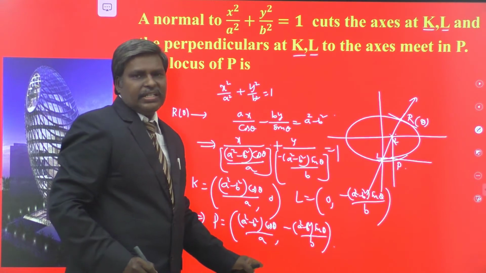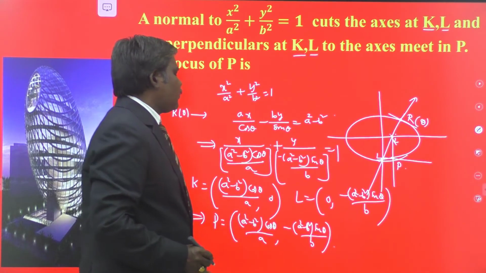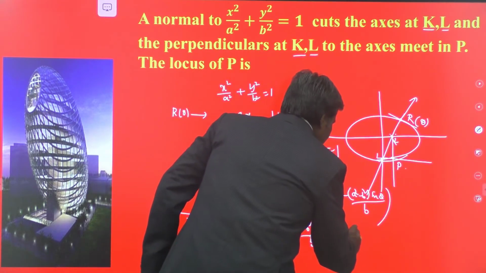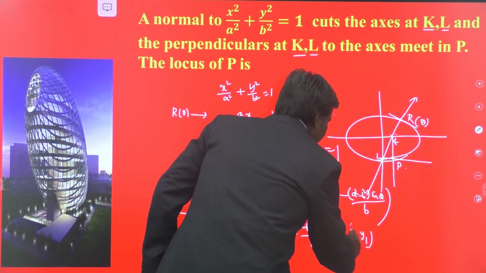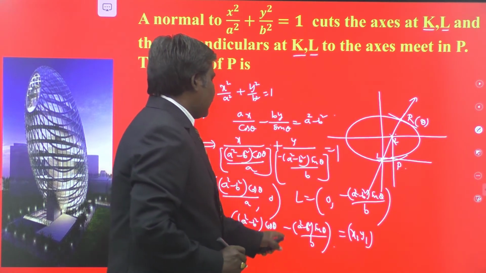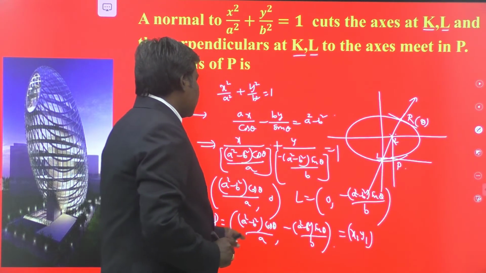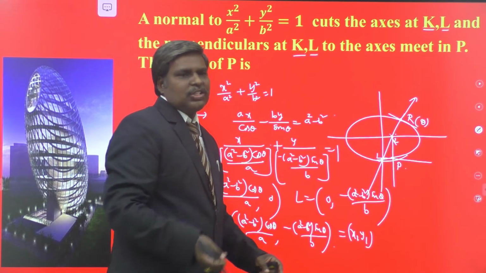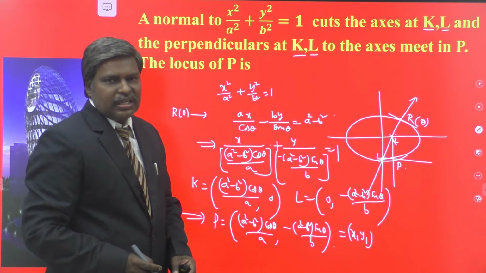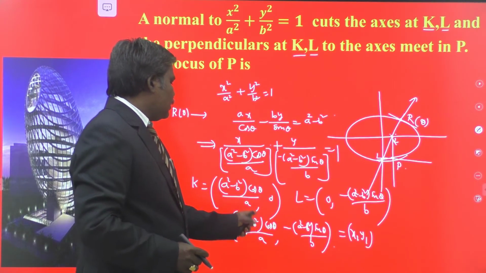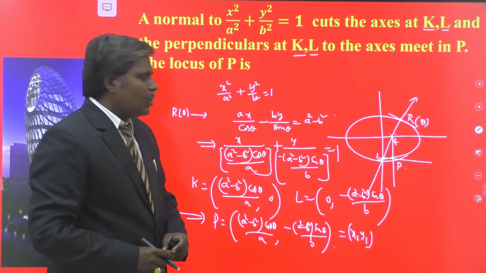These are the coordinates of P. We have to write the locus for this point P. So this is, say, x1 comma y1. By equating x coordinates and y coordinates, we get some relations. From those relations, we have to eliminate theta. Just by squaring and adding, we have cos square theta plus sin square theta is 1. From that, you can easily write the locus.